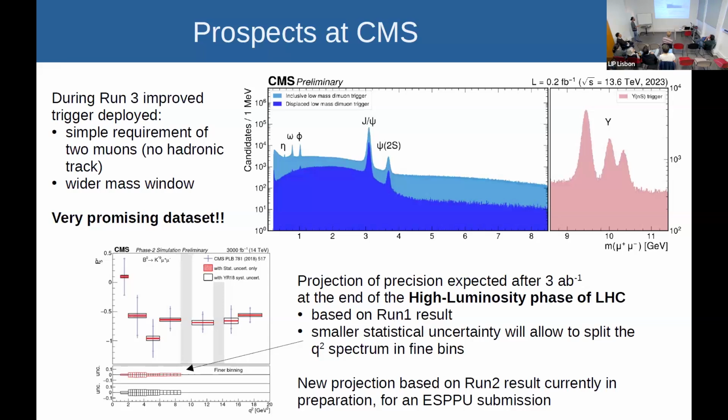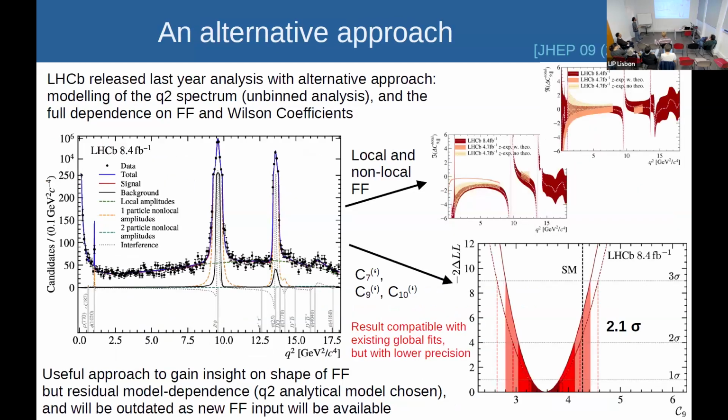We have some projections for high luminosity based on run 1 results, which also show how we can split the q square bins into finer bins. Currently we're working on new projections based on run 2 for submission to the European strategy. They are not public yet, so I cannot show them, but we're working on them.